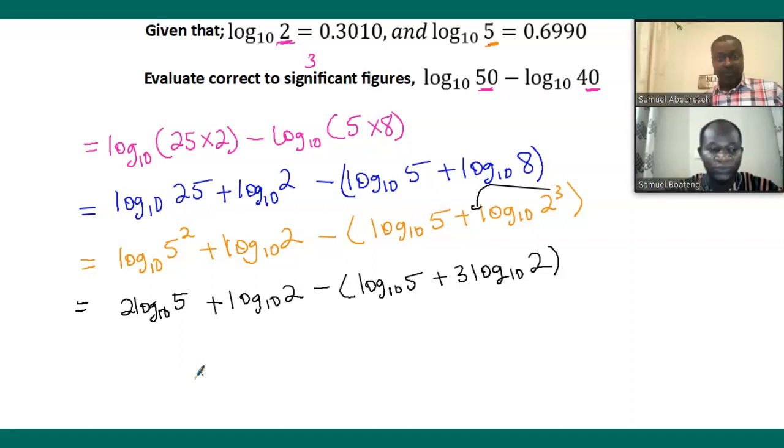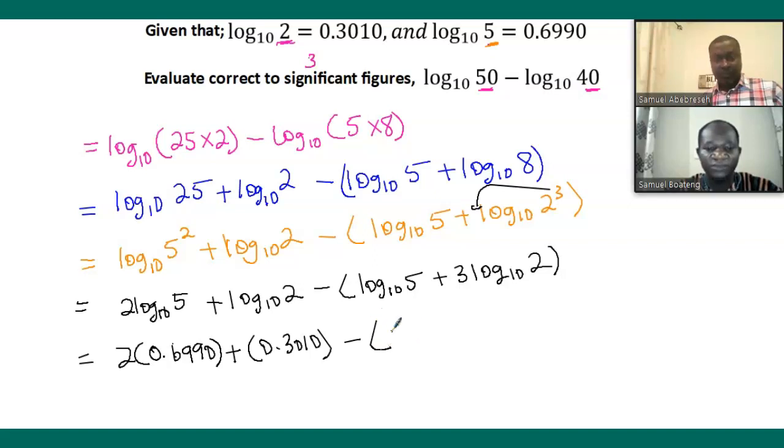So next step, we have 2 times, log 5 is 0.6990, plus log 2, the value is 0.3010, close the bracket, minus, bracket open, log 5 is 0.6990, times 0.3010, bracket close.